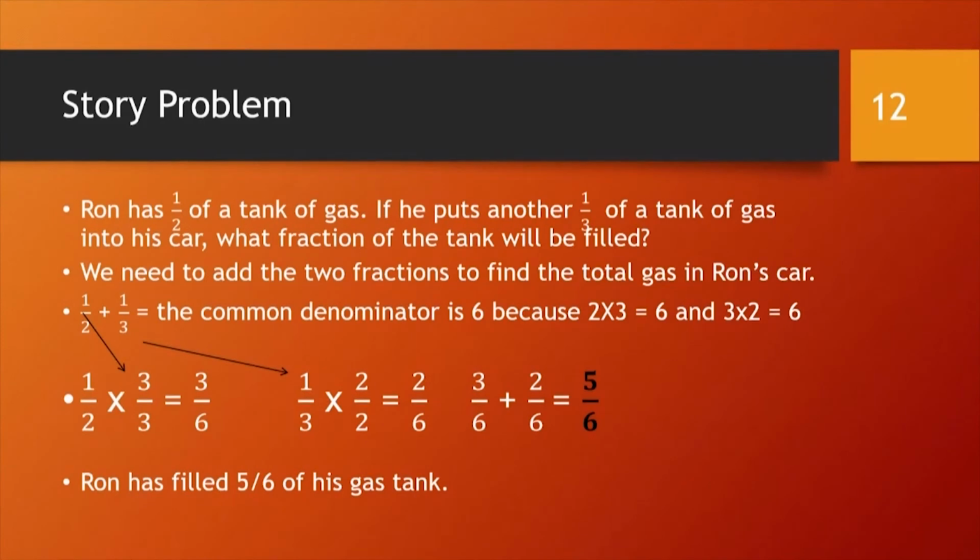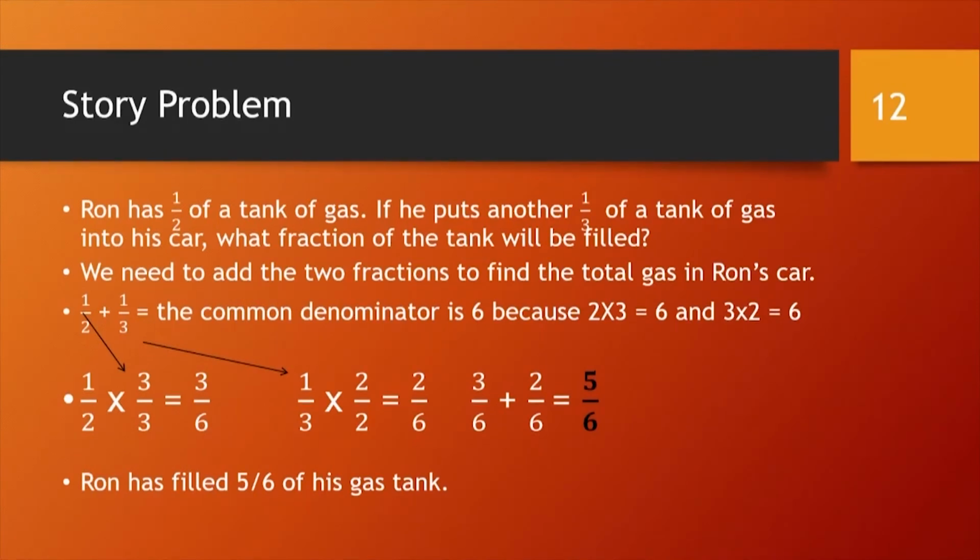The problem is you have two different denominators. So you have to find a common denominator. Thinking about your multiples of 2 and multiples of 3, that's going to be 6. So each fraction, the 1/2 and then the 1/3, you're changing so that it has that denominator of 6.